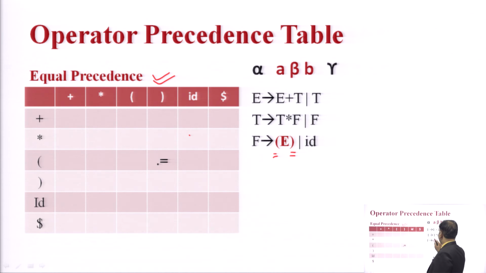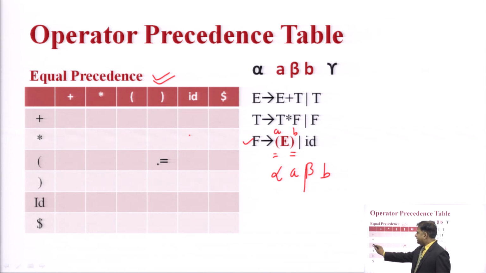So, what I find here is that only F drives E in brackets is a single production which matches the pattern of alpha A beta B. So, in this case this is my A and this is my B, which are separated by a single non terminal. Then I can say that this opening bracket has equal precedence with the closing bracket.